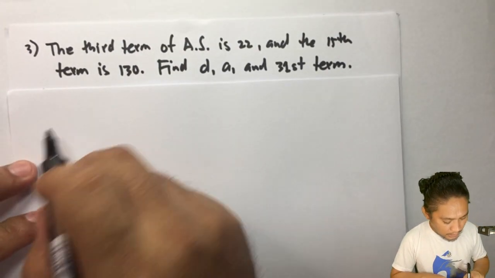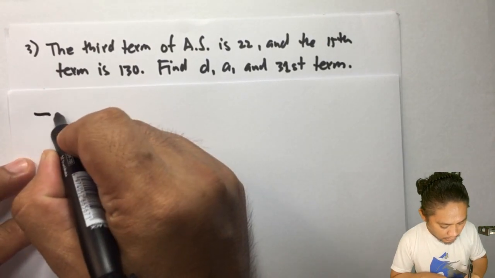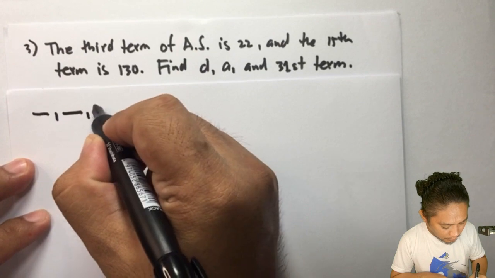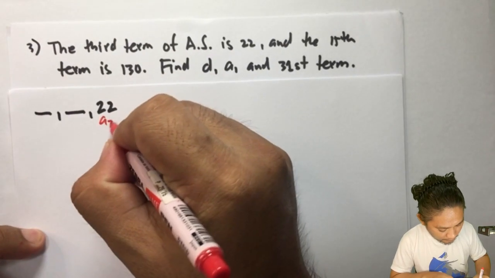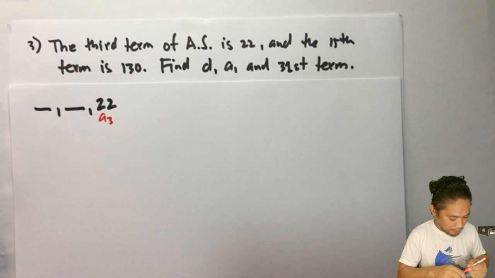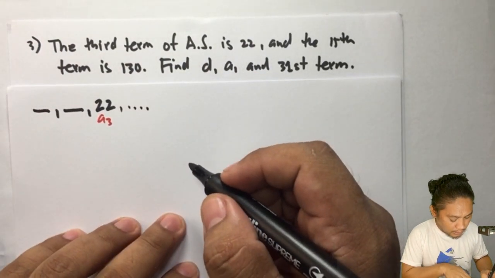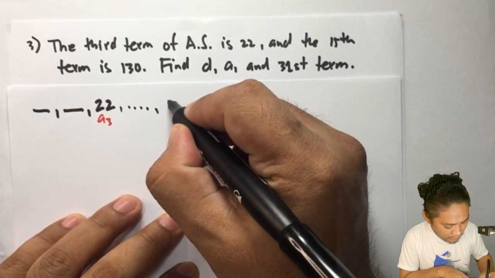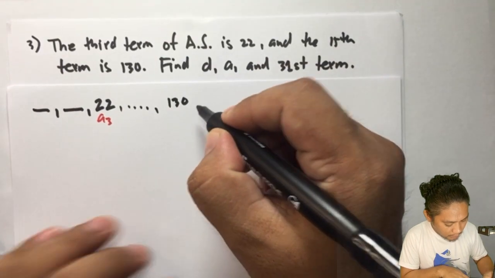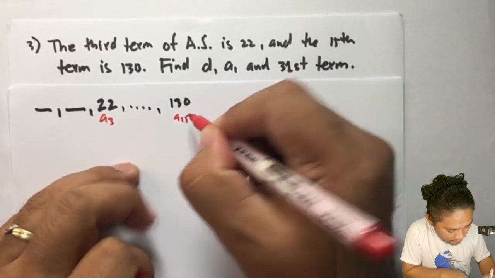Now basically, if we're going to visualize our sequence, there are two terms before our 22, because our 22 is the third term. And there are terms after that, and our 15th term is 130.